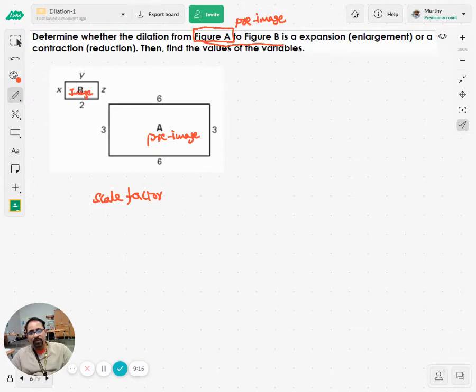Now, scale factor, you may remember that as SIP. SIP stands for scale factor equals image over pre-image, taking the first letters: image over pre-image.